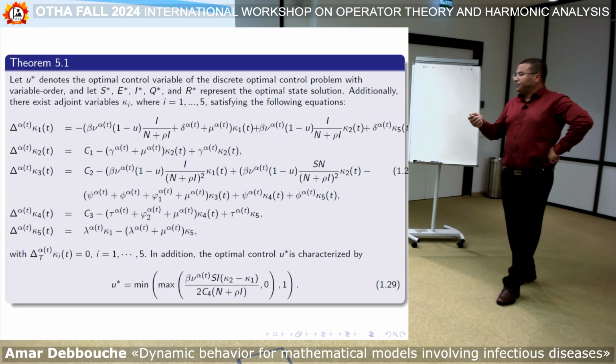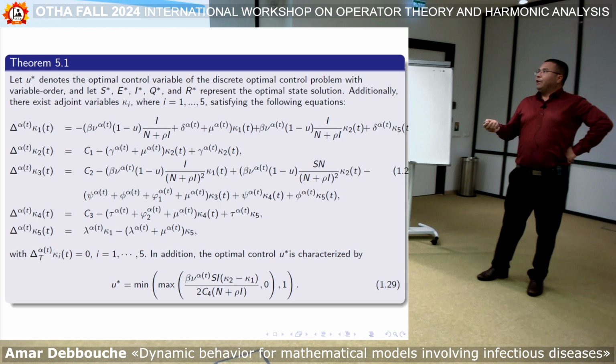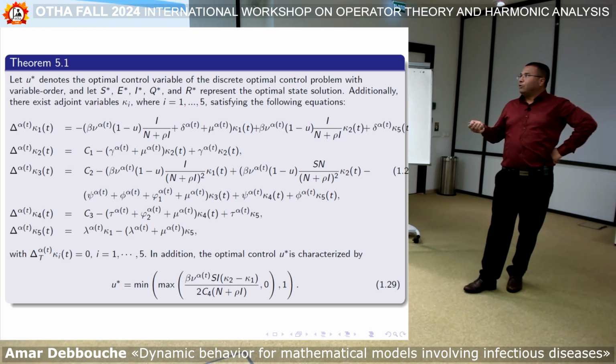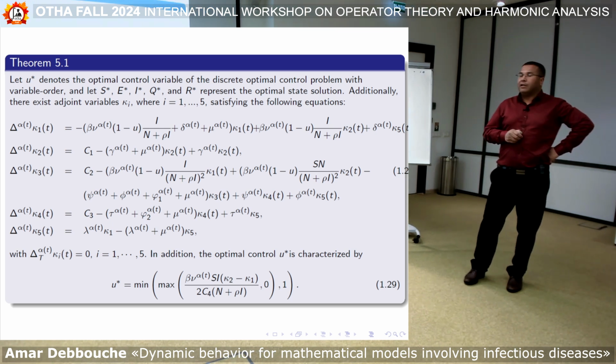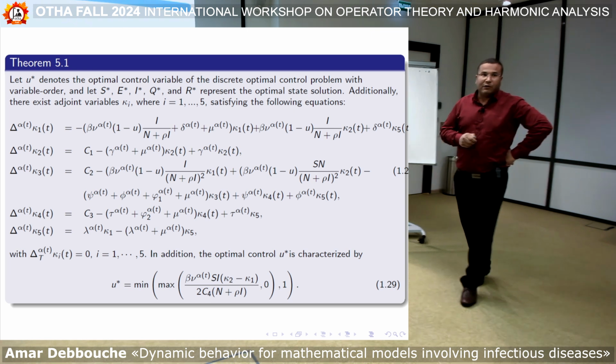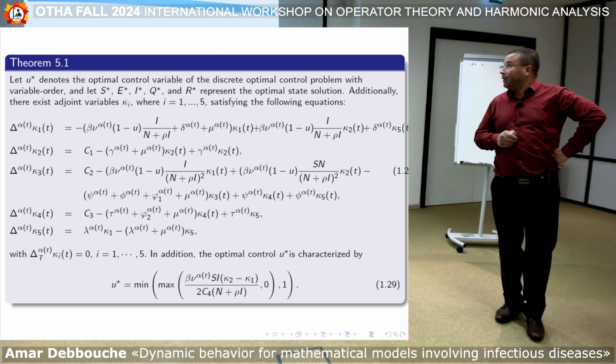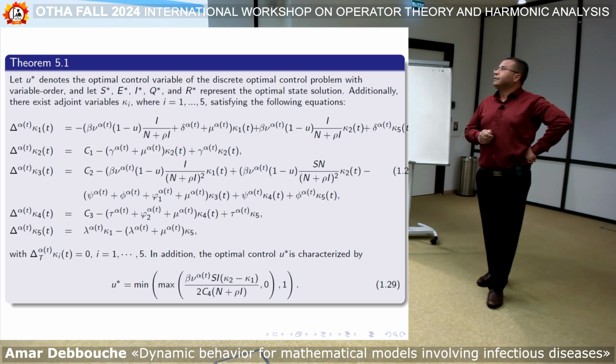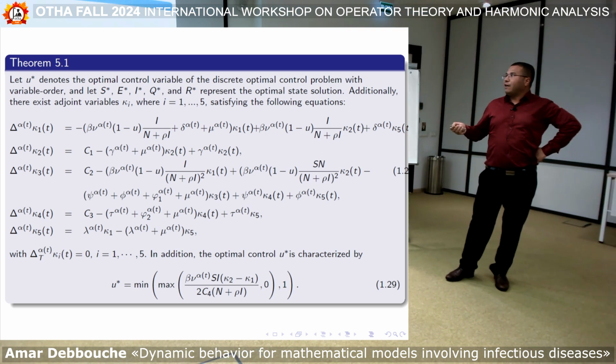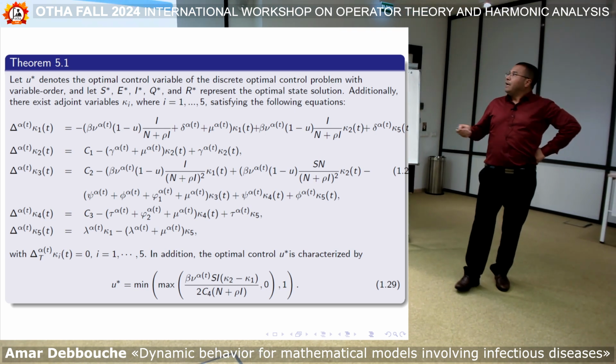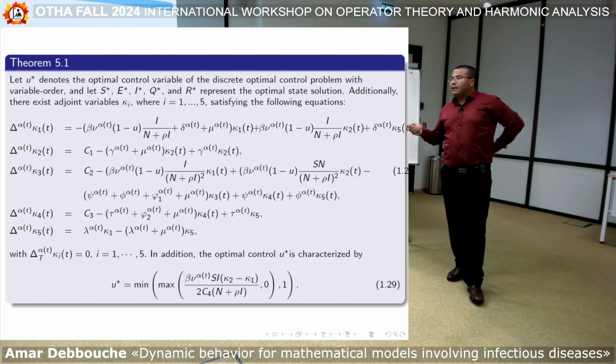So let U star denote the optimal control variable of our considered control problem, and let S star to R star represent the optimal state solution.